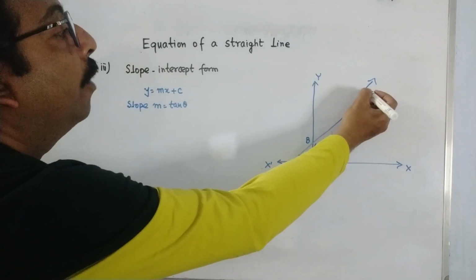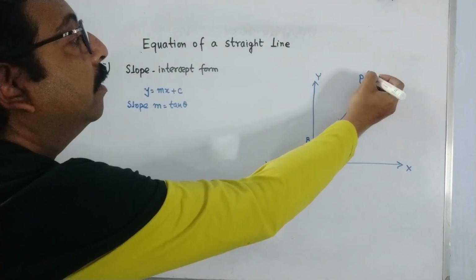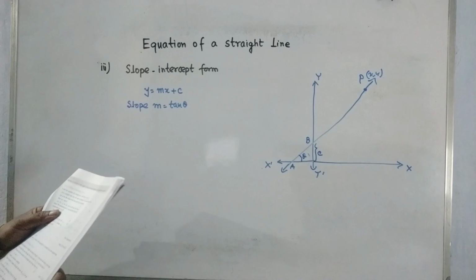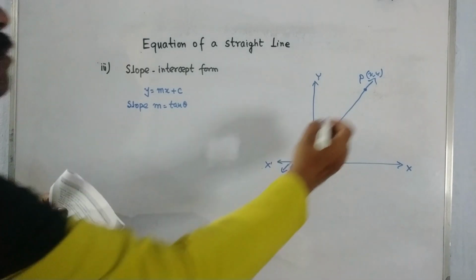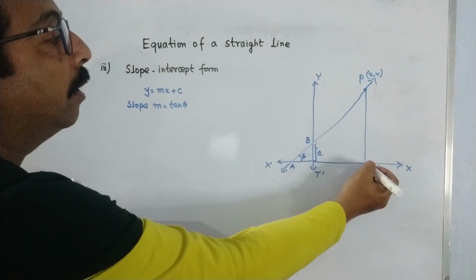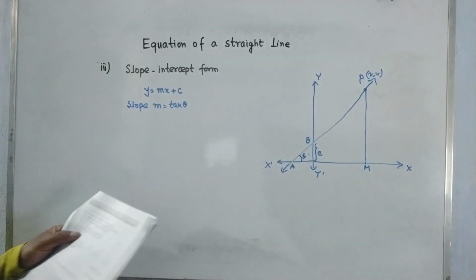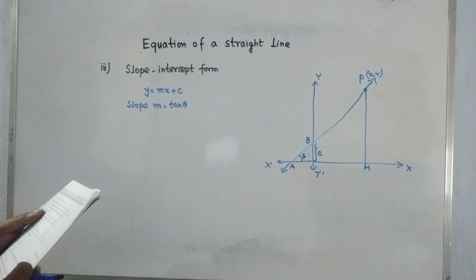Let P be a point with coordinates x, y, and we draw a perpendicular on the x axis, and the perpendicular is PM.